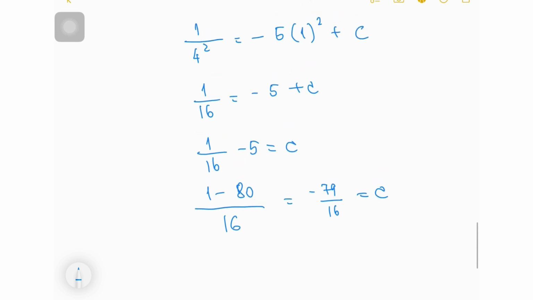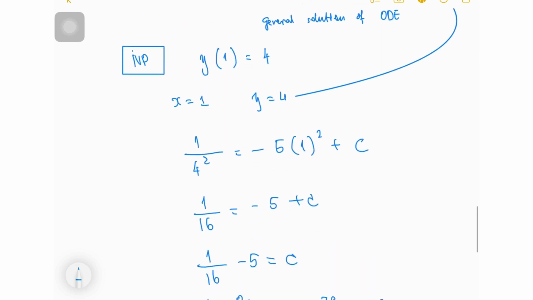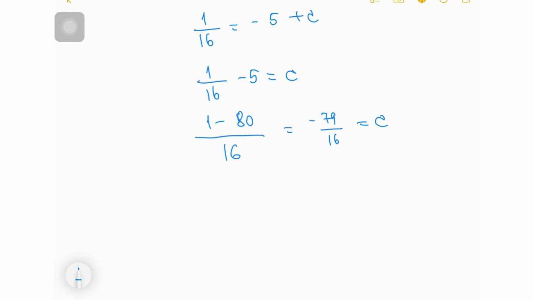So the solution of this problem is then minus 1 over y squared equals 5x squared minus 79 over 16.